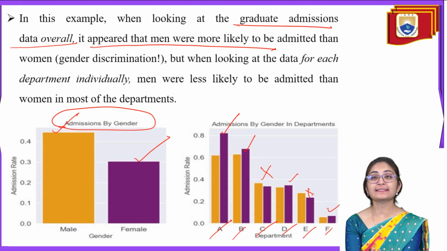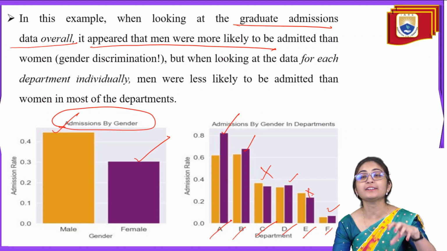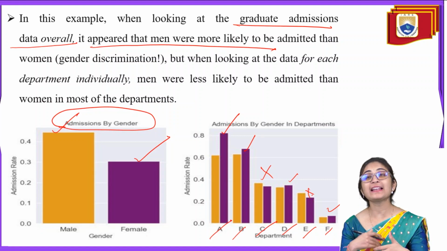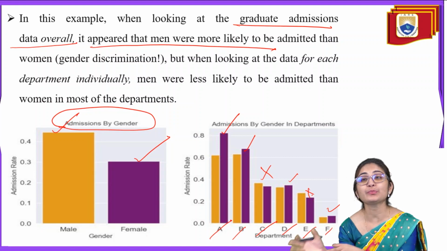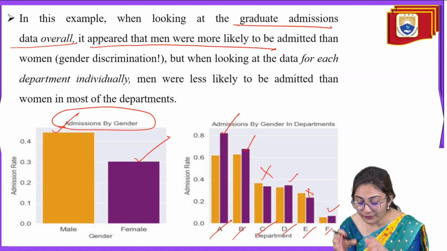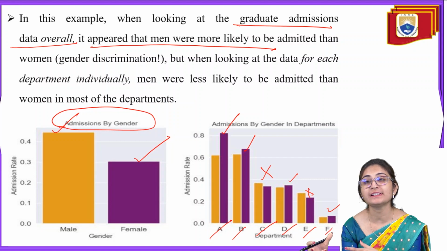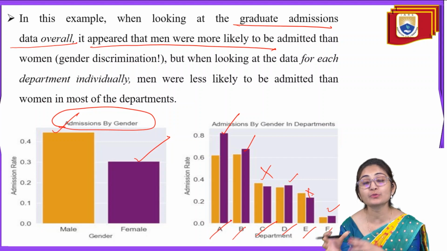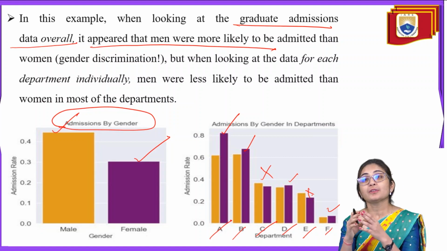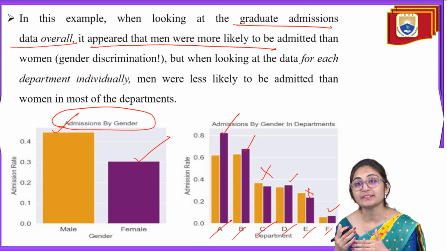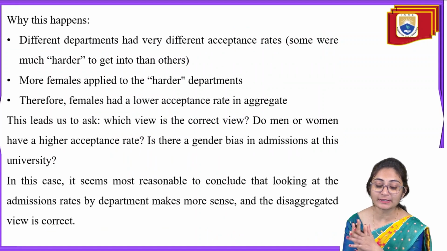When we saw the data together, male students were admitted more compared to female. But when we saw the data for each department individually, we found that in almost every department female students were admitted more. Why did this happen?